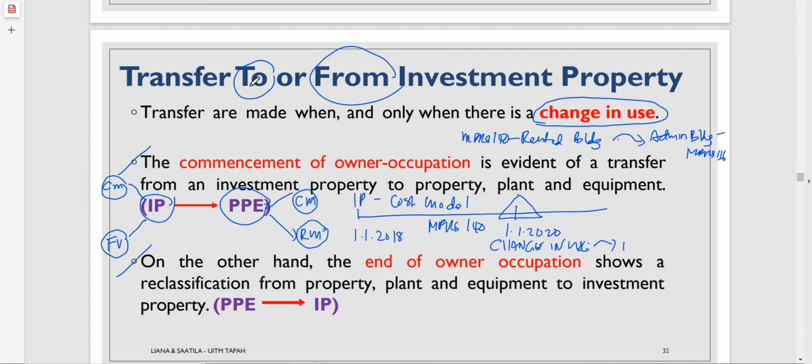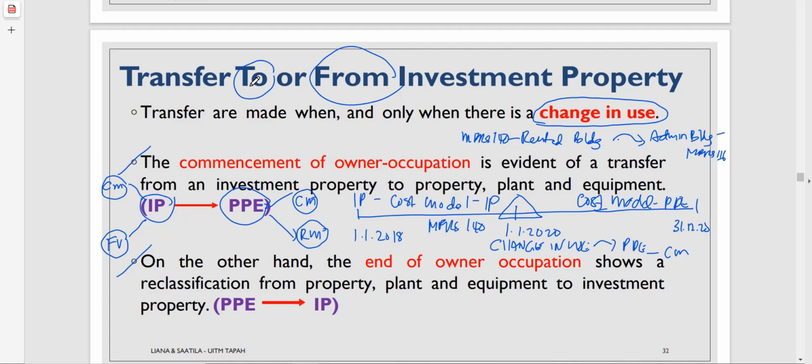So it becomes PPE. And the issue is, for example, the accounting treatment as at 31st of December 2020. Here, if the company adopts PPE, also cost model, you will apply the cost model for PPE, and the cost model here is for IP. However, remember, the cost model under IP has the same rules as the cost model under PPE.